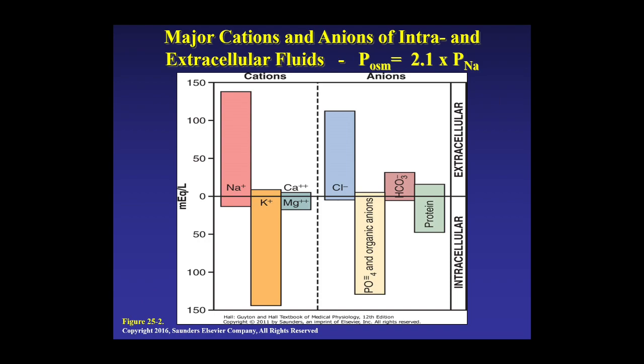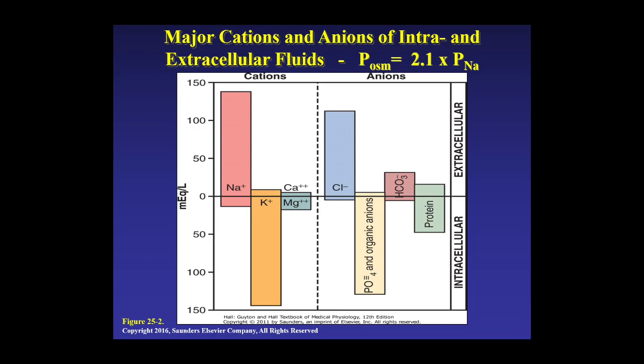So we always talk about the extracellular fluid compartment. It has a lot of sodium, chloride, as well as bicarbonate. So therefore, we find out, from experiments, that about 94% of the osmolality in the extracellular fluid compartment is caused by sodium chloride and sodium bicarbonate under normal circumstances.